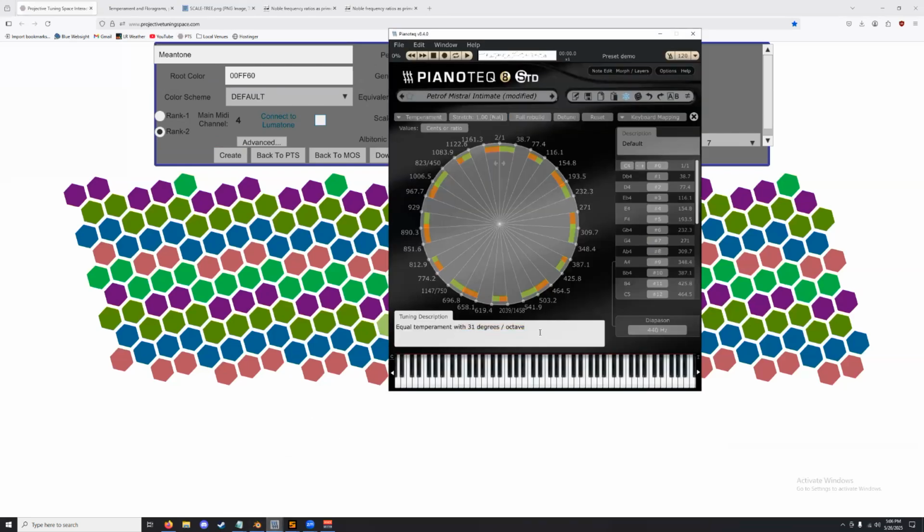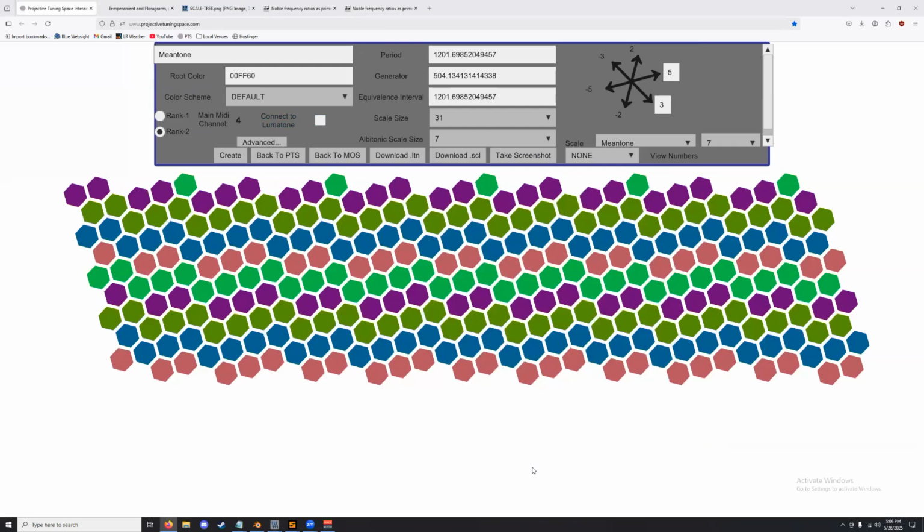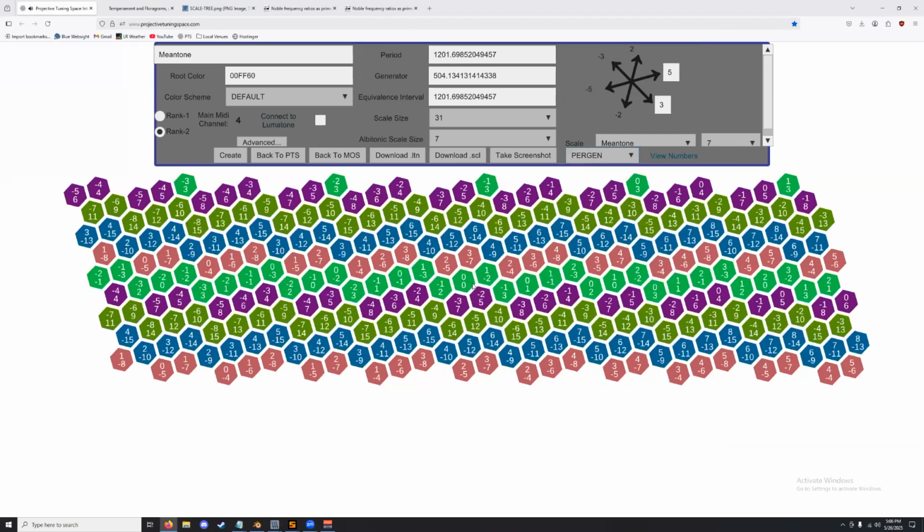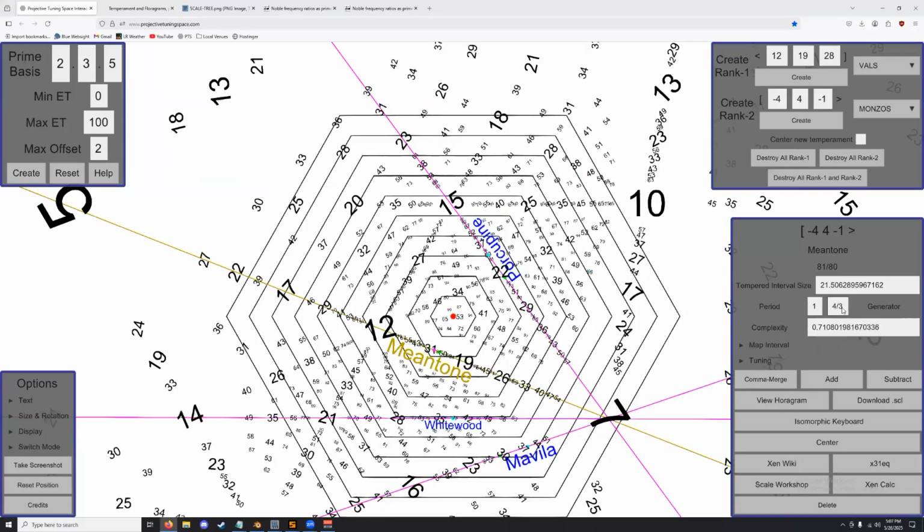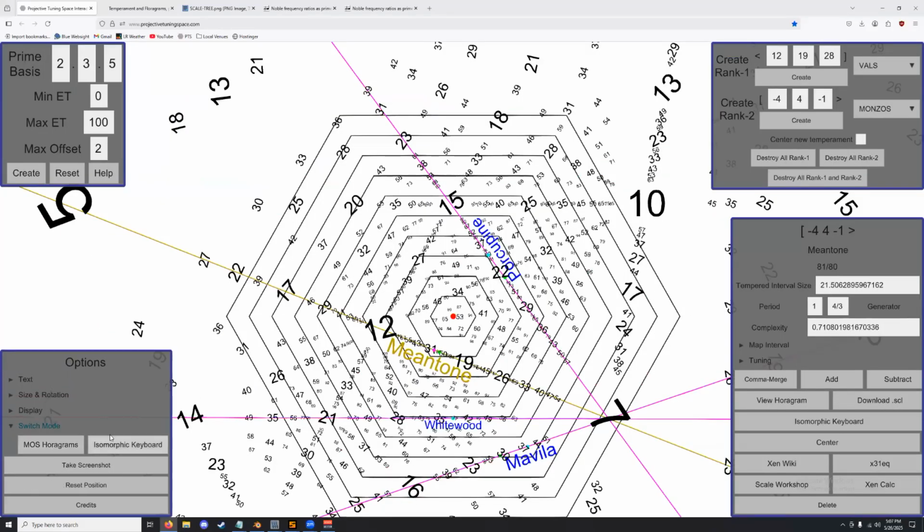So I got 31 EDO in here. You can also show the period and generator counts for how to get to each note.